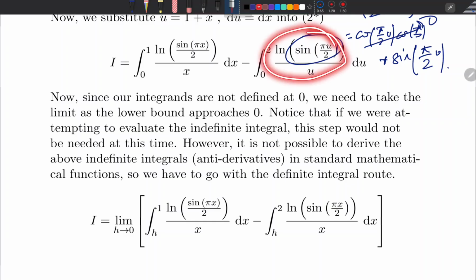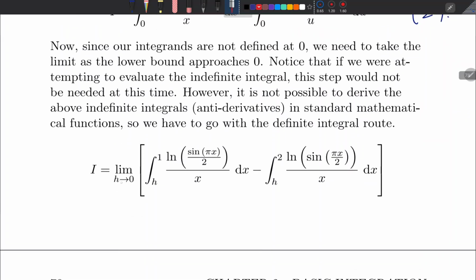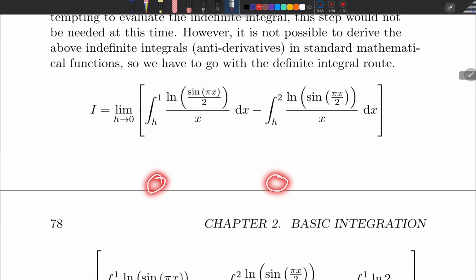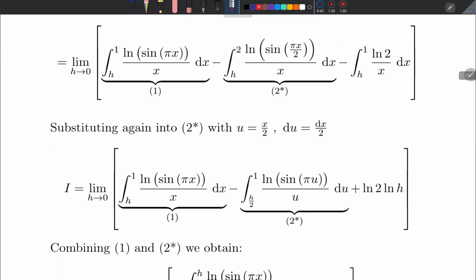The same goes for this integral as well. So that's why we have taken a limit as the lower bound of each integral tends to 0.